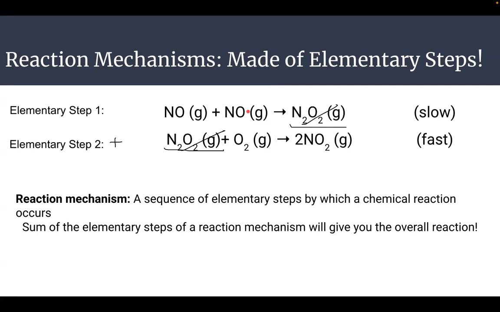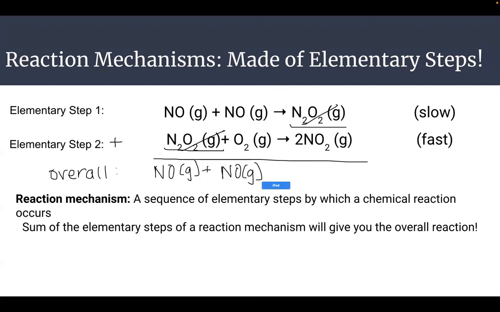Now when I add these up, I get my overall reaction, which is NO gas plus NO gas, which is another way of saying two NO gases react with oxygen gas to produce 2NO2 gas.